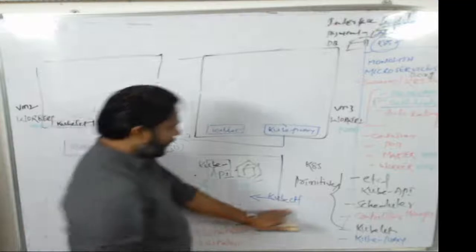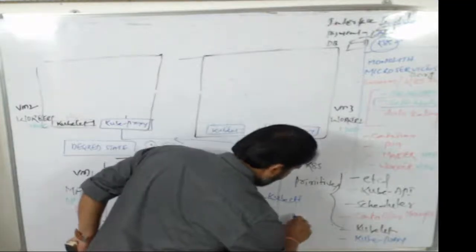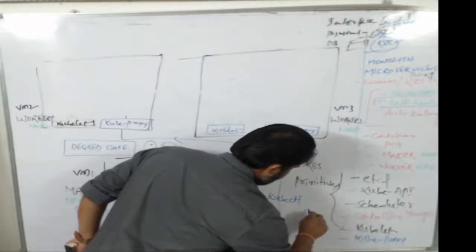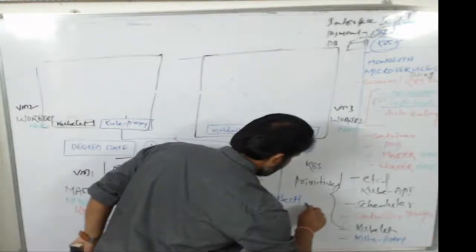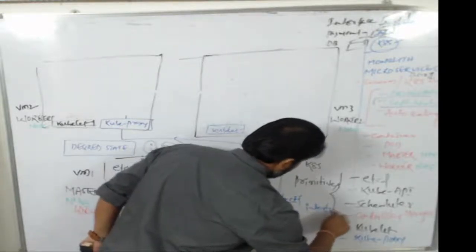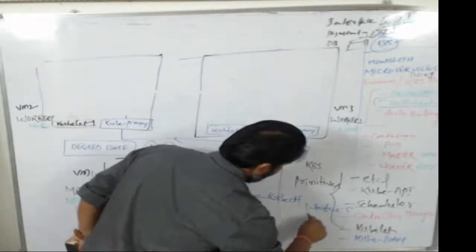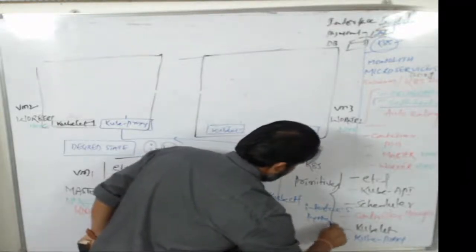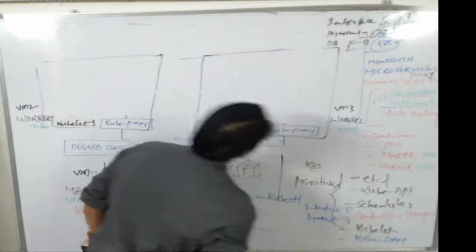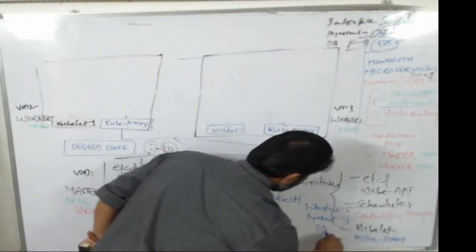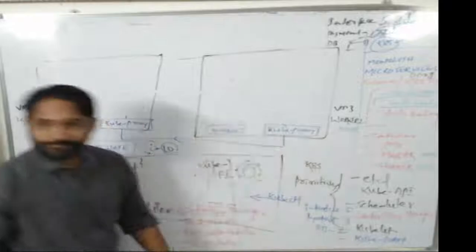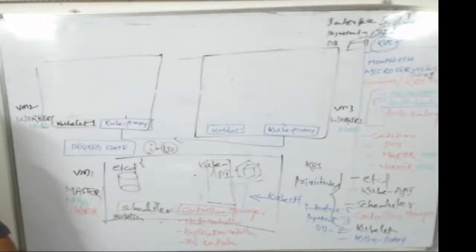Now let's say using kubectl, you said you want interface 5 pods, then payment 3 pods, database 2 pods. That's your desired state.